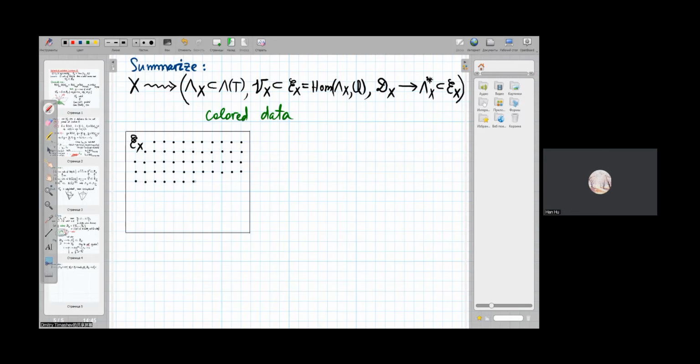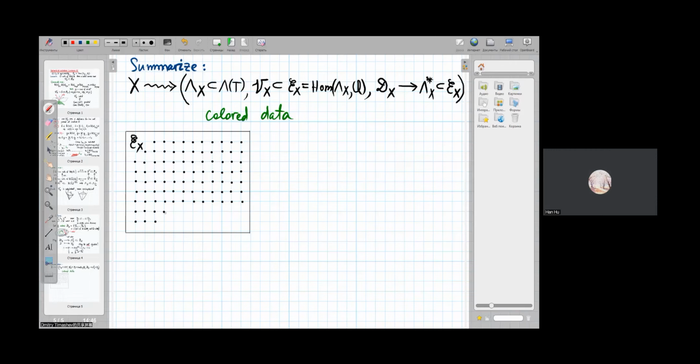Sorry for taking time, but I want to make this picture clear. So let me draw the points corresponding to the dual of the weight lattice, because these are points in the vector space E sub X, spanned by this dual lattice.